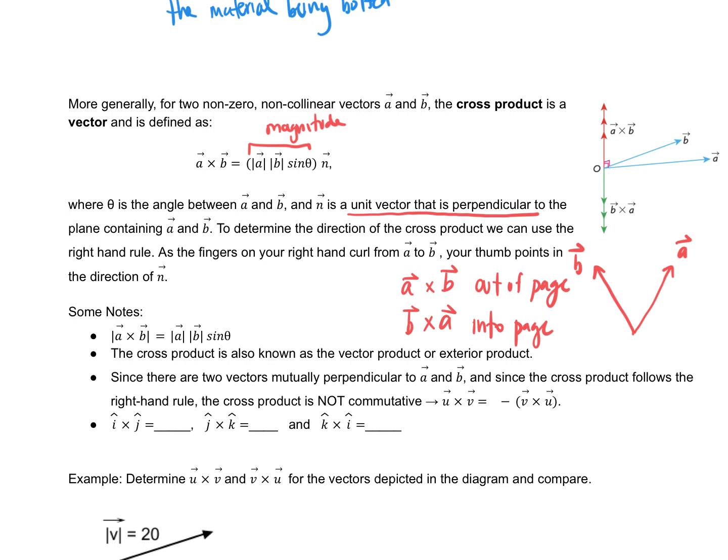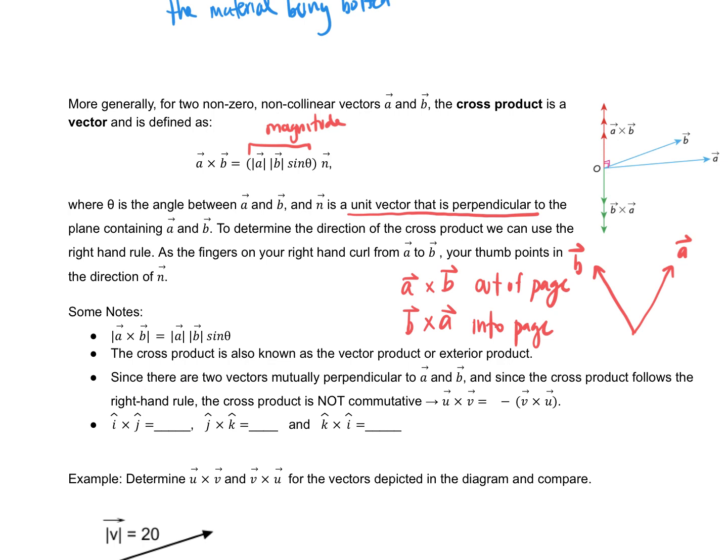Now, some more notes about the cross product. We've already established the magnitude. The cross product is also known as a vector product or as an exterior product. Unlike the dot product, which was a scalar quantity, the cross product does give us a vector.